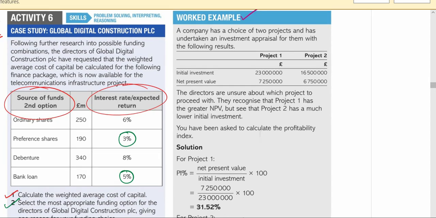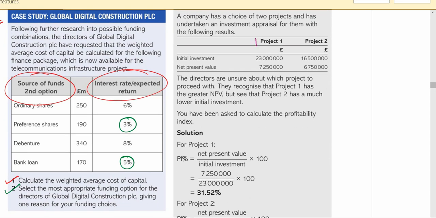Worked example: we have two projects, project 1 and project 2, with initial investment and net present value. For the profitability index, net present value divided by initial investment.